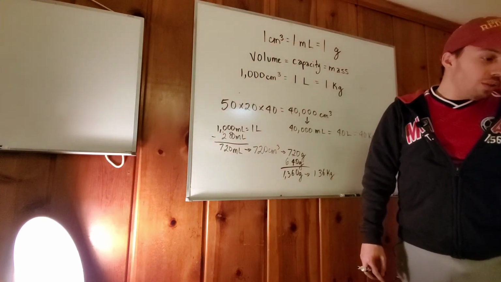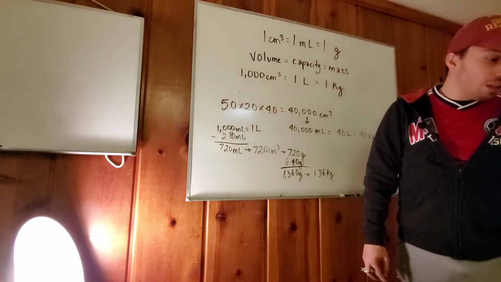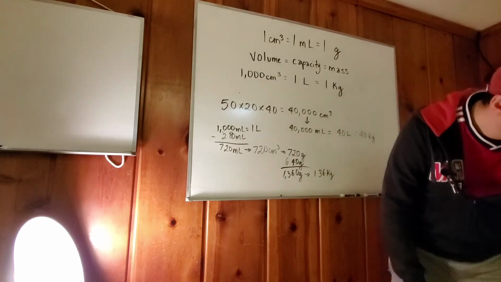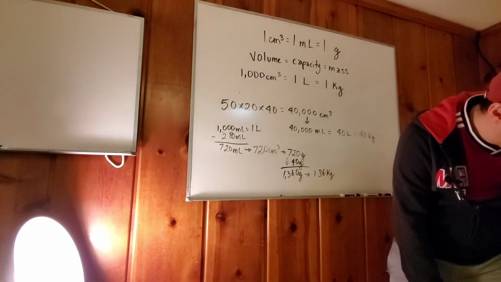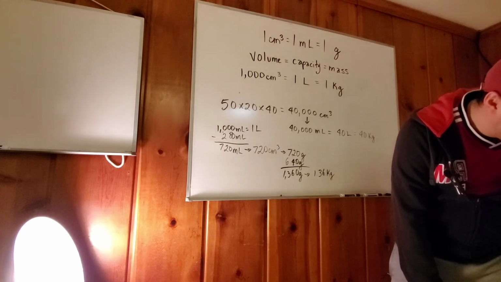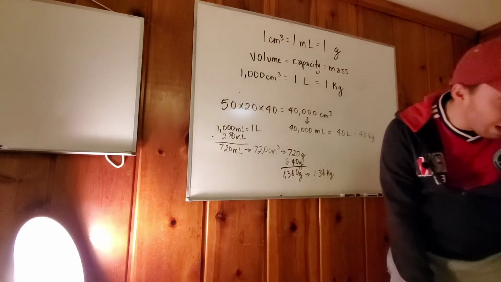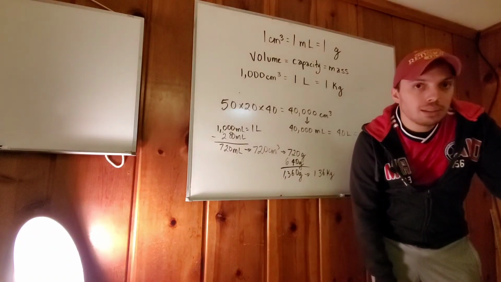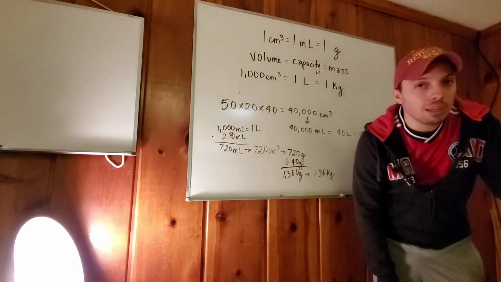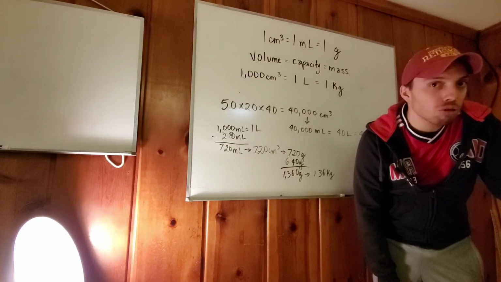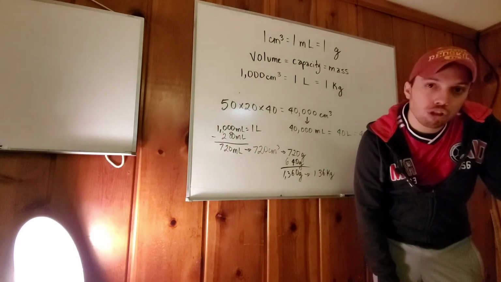And so 10 to the 6th means 10 million milliliters, and 10,000 kilograms. By the way, 10 million milliliters is the same thing as 10,000 liters.